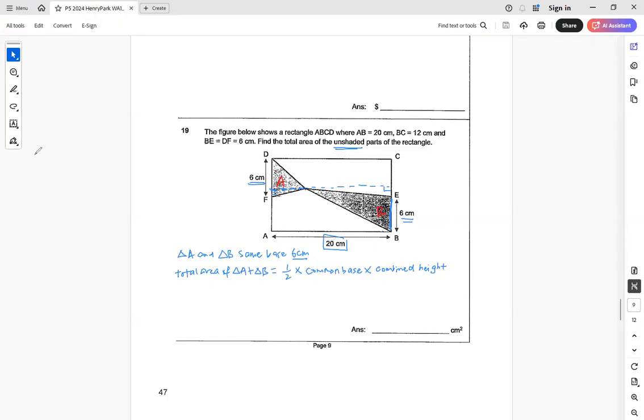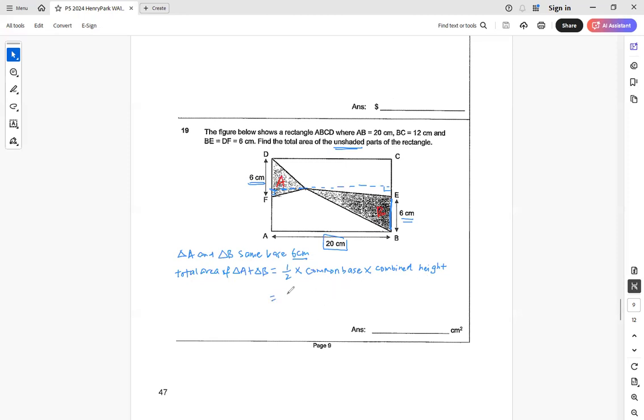Why is my handwriting like that? Sorry, combined height. Half times common base times combined height.